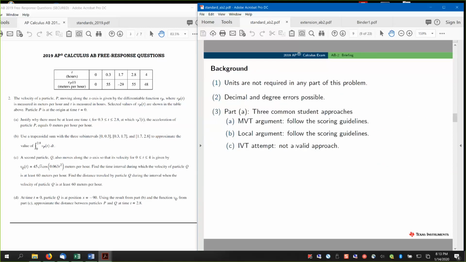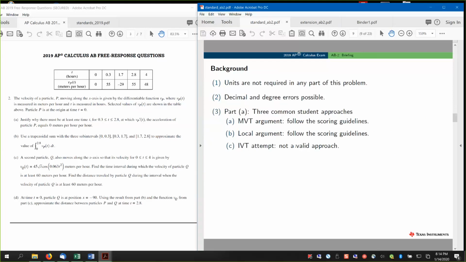So just a couple of reminders as we look more carefully here at the scoring guidelines. There were no units required in any part of this problem. So any units provided by the student this year were ignored. I can't guarantee that that will always happen, but that's what happened in 2019.